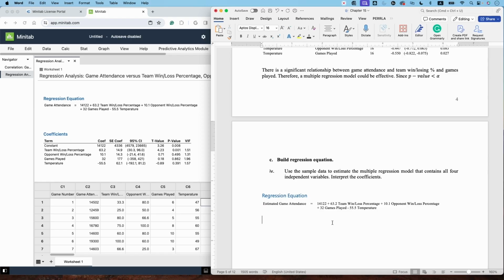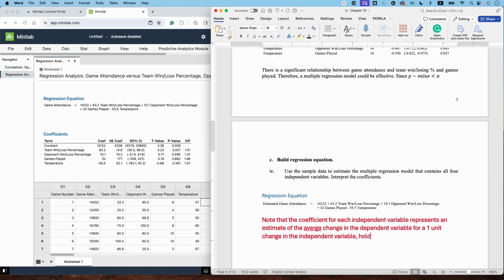So each variable, we look at its contribution without an effect from the other variables. Let me write this: the coefficient for each independent variable represents an estimate of the average change in the dependent variable for a 1 unit change in the independent variable, holding all other independent variables constant.